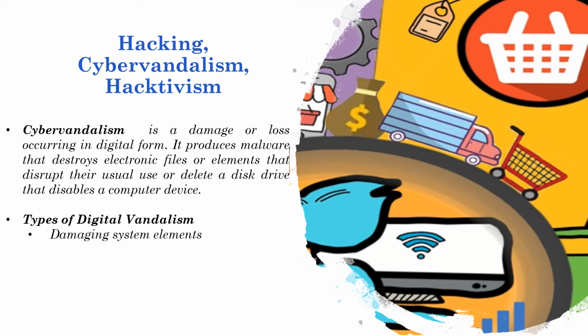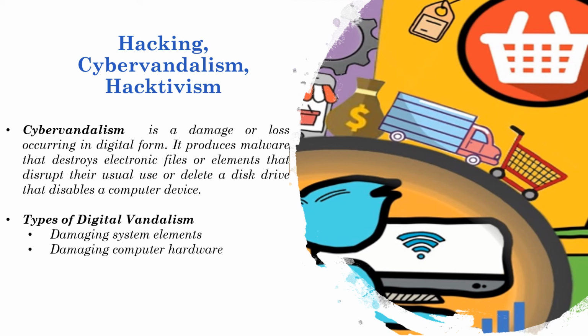Denial of service simply means that a service has been disrupted due to some sort of digital vandalism. This can be achieved by a cyber criminal creating and sending malware that disables something.